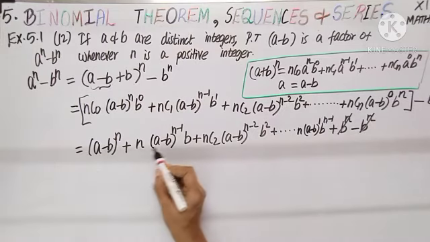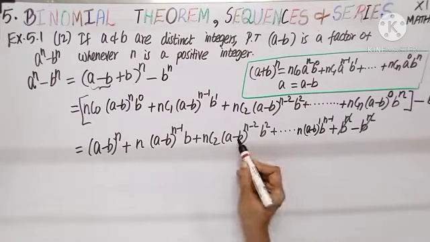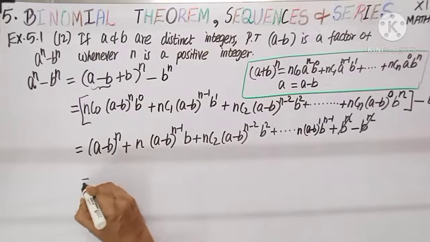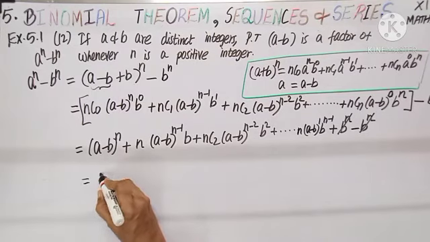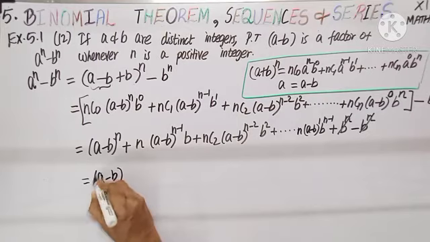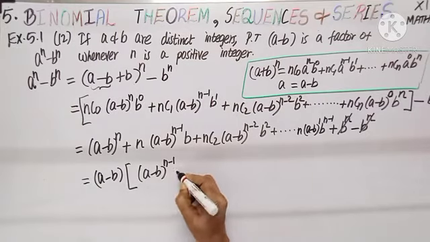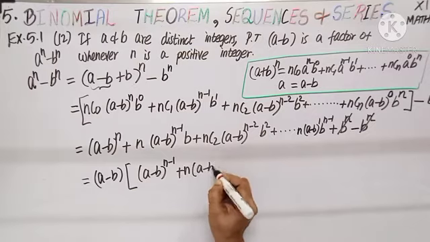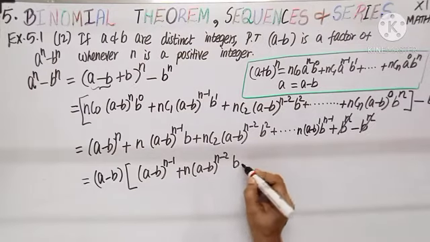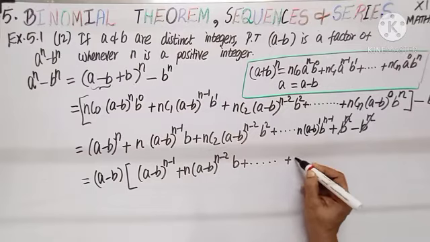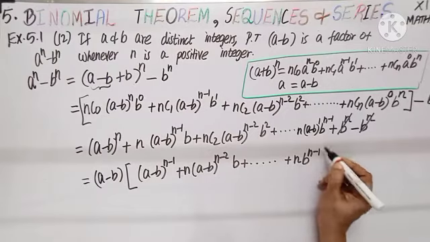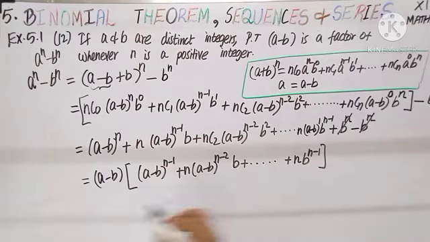In all these terms, a minus b is coming. So I can say it is (a minus b) into [(a minus b) power n minus 1 plus n into (a minus b) power n minus 2 and so on, n into b power n minus 1]. So it is a minus b into something.